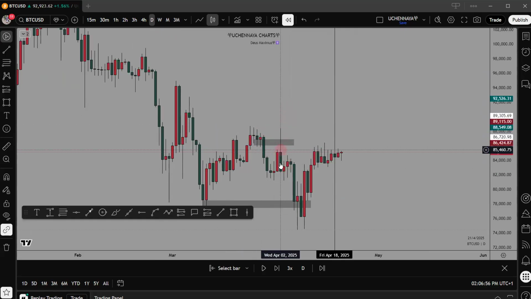Rejection means a closure, the daily candle closure or the weekly candle closure. Okay. While rejecting, you are still in the week, and this week's candle is still trading.